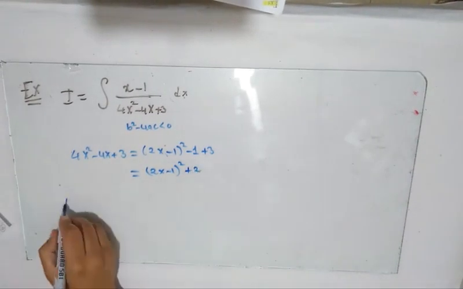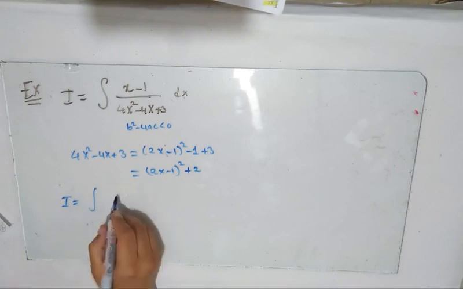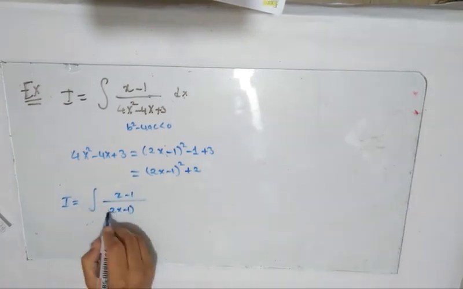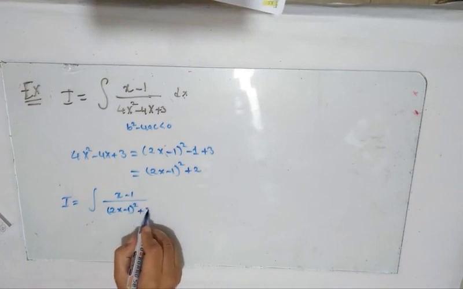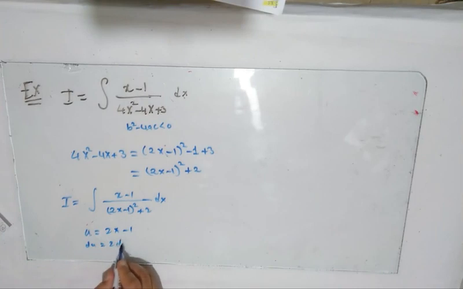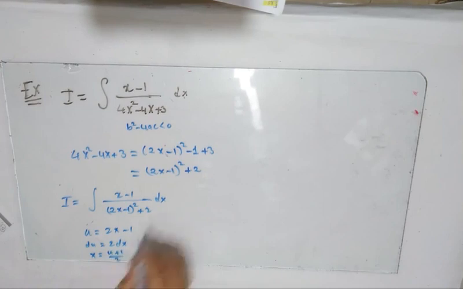So our integral becomes the integral of (x minus 1) over ((2x minus 1) squared plus 2) with respect to x. Then we use the substitution u equals 2x minus 1, so du will be 2 dx, and x will be (u plus 1) over 2.